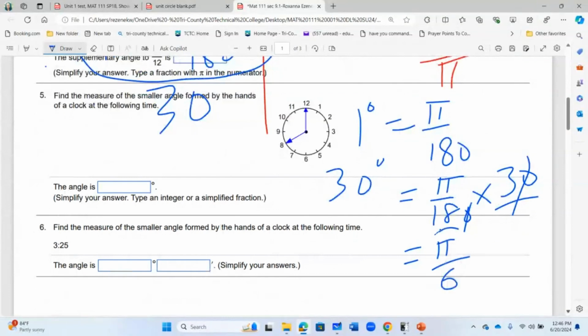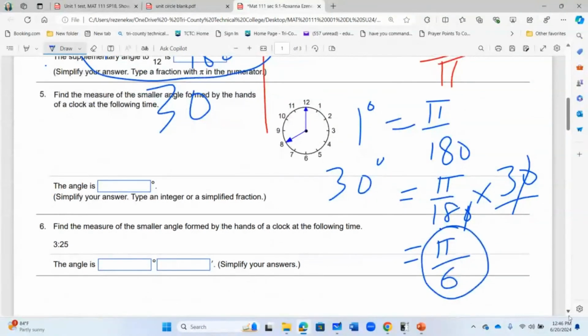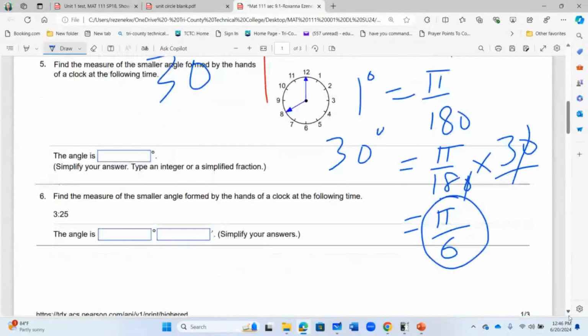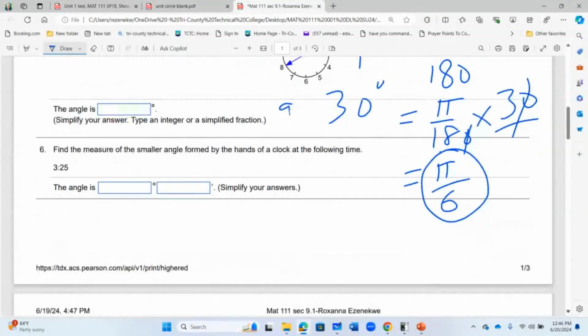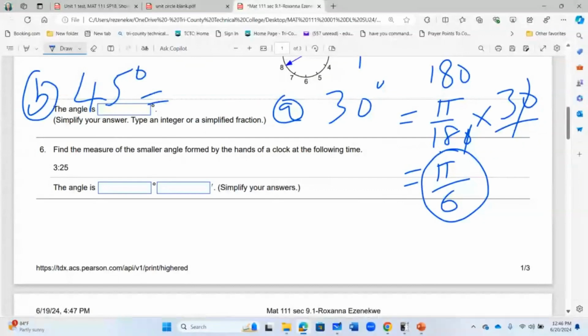So I cannot forget this. Suppose I'm told to convert 45 degrees to radian. So instead of wasting time, I'm just going to say 45 multiplied by pi over 180.